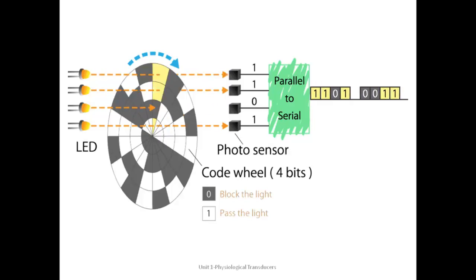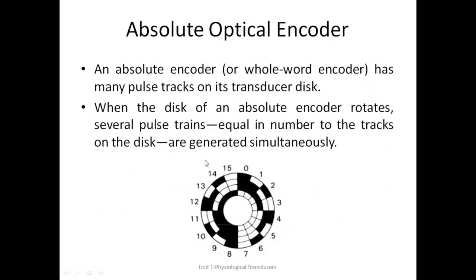the disk. For example, from this figure, when you see slot 0, this will correspond to a binary number 1000, or maybe the other way around, counting from the outer circumference, it will be 0001. Suppose the light falls over here and the detector gets the value 1110.